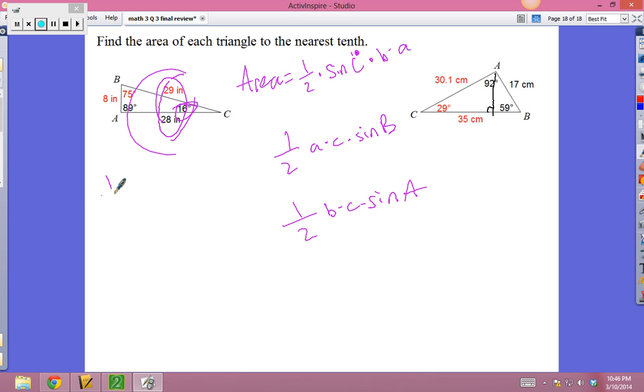So the area is going to be 1/2 times the base, and it does not matter if I call 28 the base or 29 the base, because I'm going to get the same answer, times the other side, 29, times the sine of 16 degrees. So if I punch this in, that will calculate the area for me. And I got 111.9 inches squared.